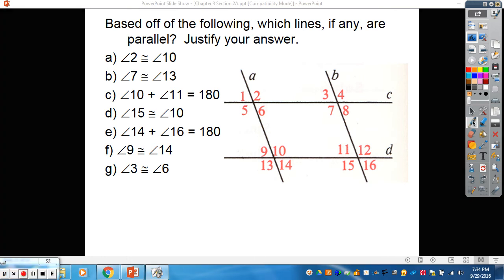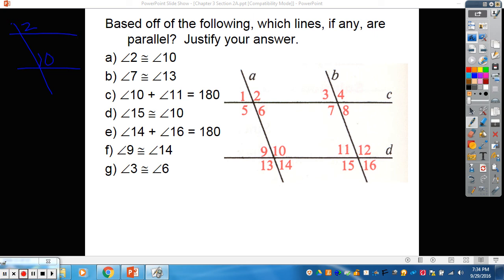All right, now let's go ahead and take a look at some of these. Hopefully you've done them all and have an understanding of what's going on. When I look at angles 2 and 10, again, if it helps, draw the lines that make up those two angles separate from everything. Here's 2 and here's 10.